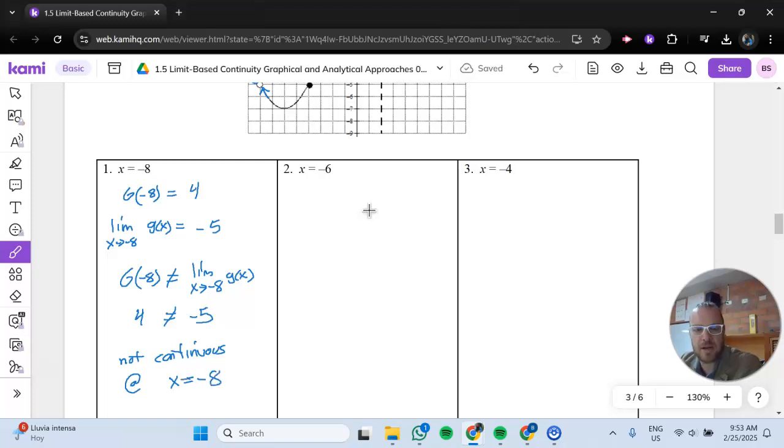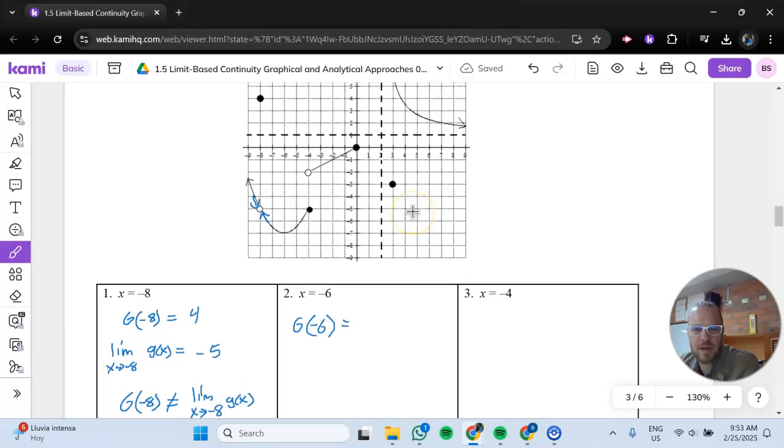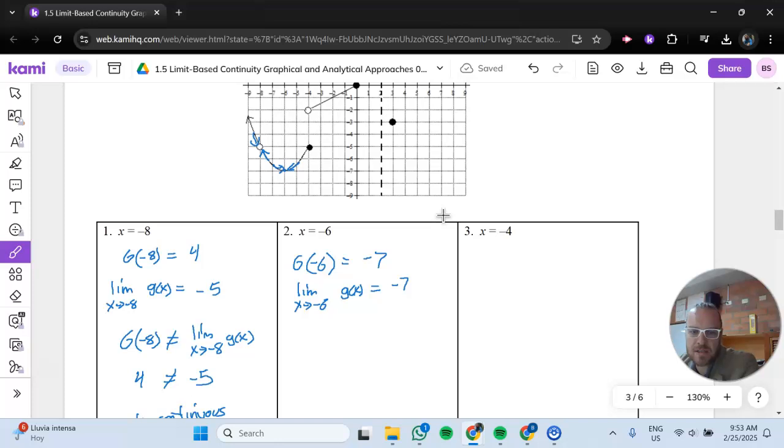Okay. Next thing here, we've got to do it at -6. So first thing we've got to do is find g of -6. And if we look up here, it does exist. It's right here. It is -7. Then we need that limit to exist, so the limit as x approaches -6 of g of x. And from both sides here, we can see that we're approaching that same point, -7. And so the last thing is those need to be equal.